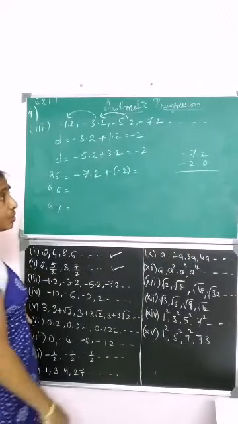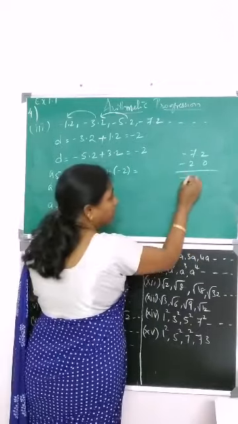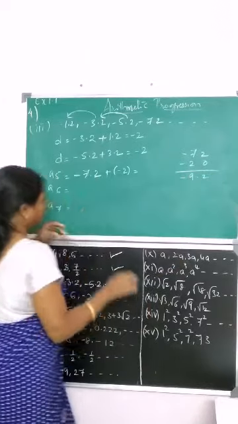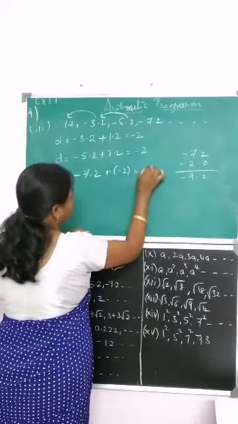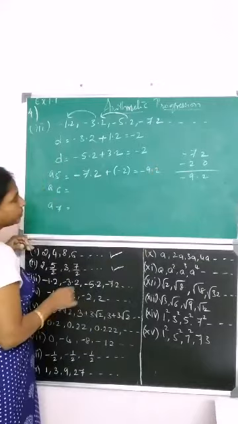How much does it give? Both are minus, add and keep the same sign. Therefore, the next term here is minus 9.2.